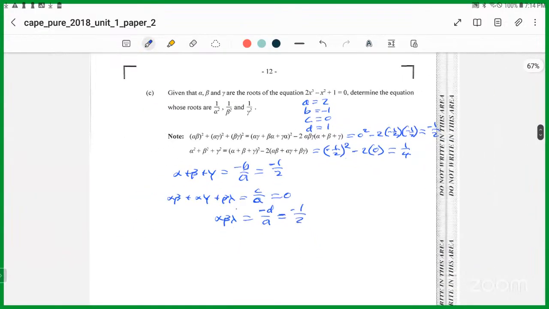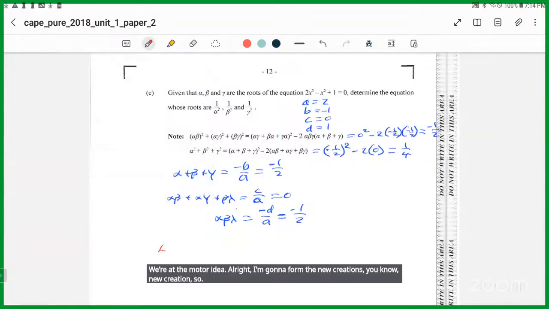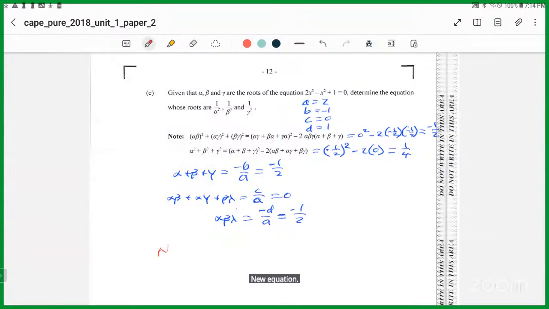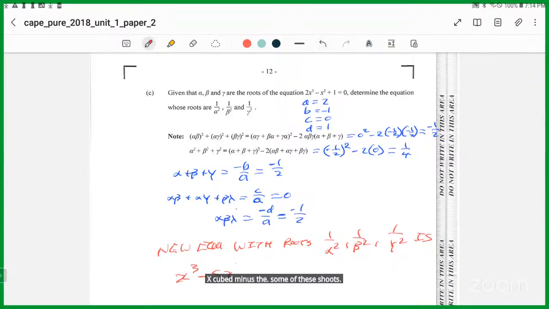Alright, now I form the new equation. New equation with roots 1 over alpha squared, 1 over beta squared, 1 over lambda squared is x cubed minus the sum of these three roots times x squared plus the pairwise product of these three roots times x minus the product of these three roots, equal to 0.